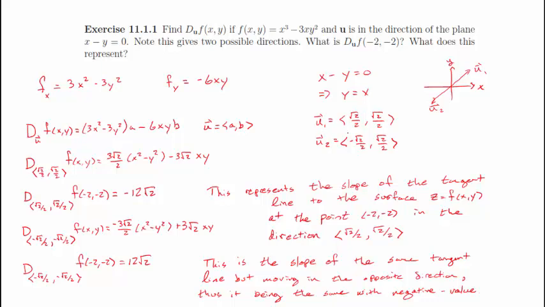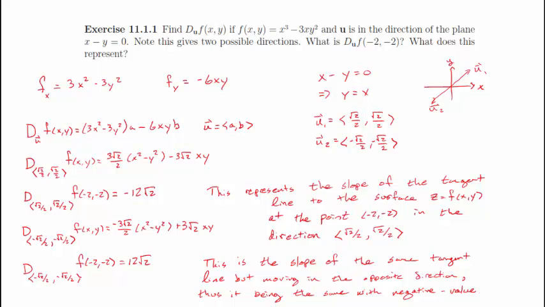So that means that u1 equals the square root of 2 over 2, comma the square root of 2 over 2, and the vector u2 equals negative root 2 over 2, comma negative root 2 over 2.